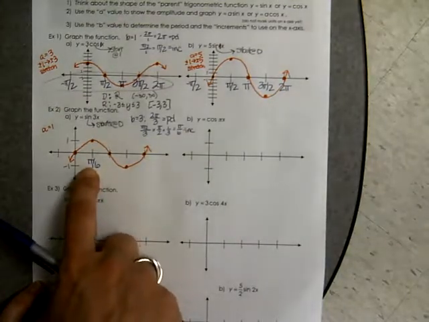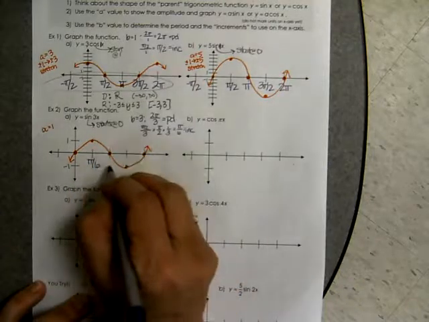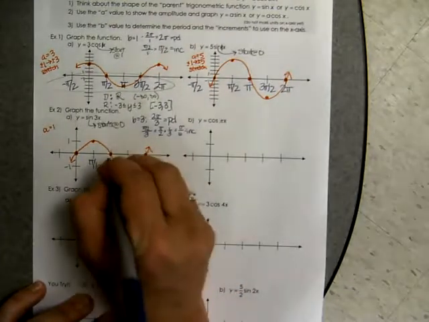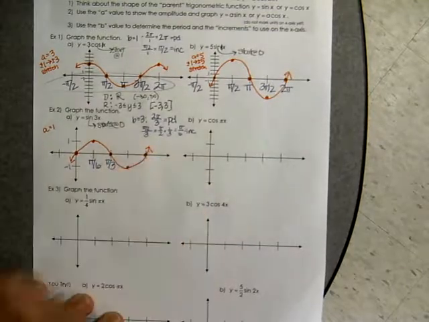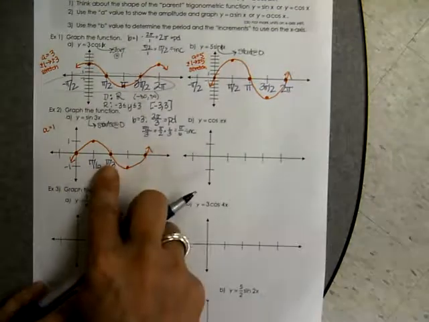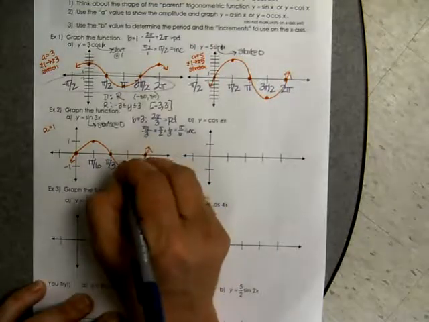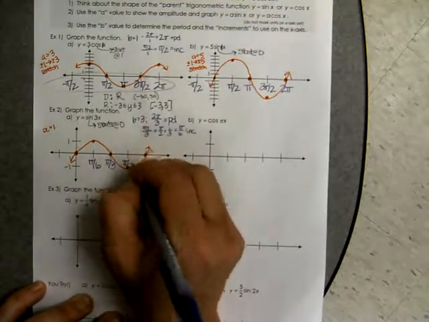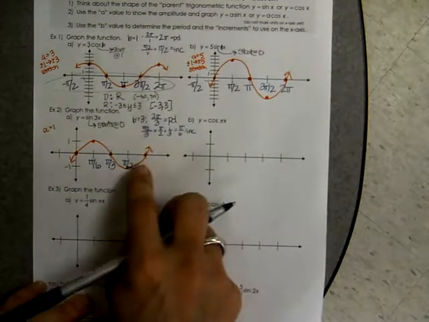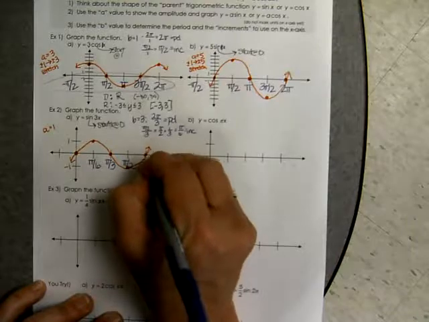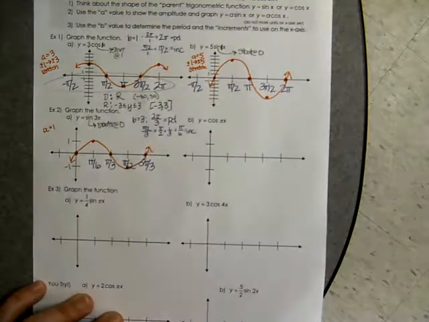Here's 1 pi sixth. This would be 2 pi sixths, but 2 pi sixths reduces to pi over 3. Next would be 3 pi sixths, but 3 pi sixths is like pi over 2. Next would be 4 pi sixths. 4 pi sixths would be 2 pi over 3.